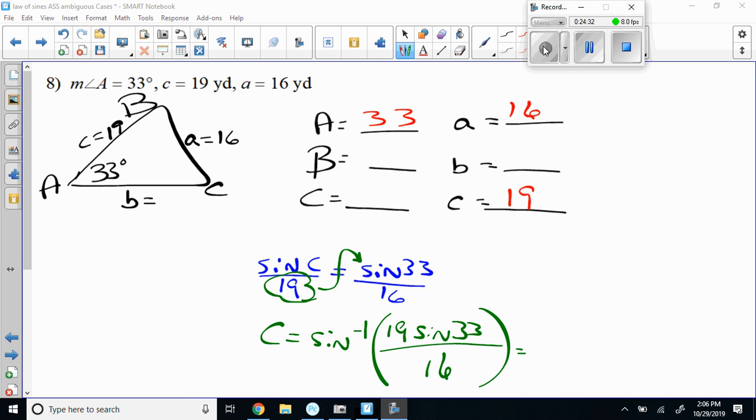Okay. So I've drawn my triangle. I've listed out my sides and angles that are given, right? I've got an SSA. How do I know I've got an SSA? Angle, side, side. And look at this. The angle is not included between the 2 sides. Do you understand? It's not an ASA or SAS, right?